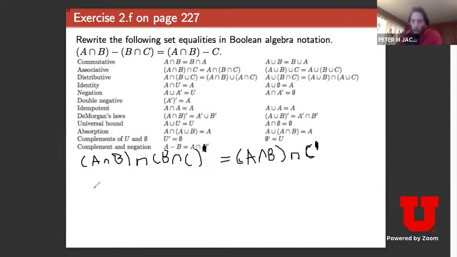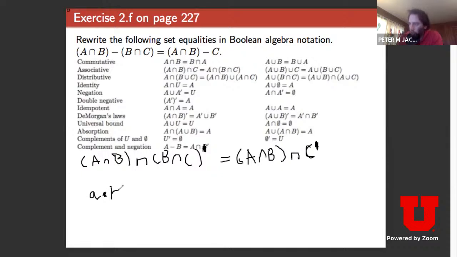So first of all, our sets become Boolean symbols. So A is going to become little a, and capital B is going to become little b. And then the intersection, if you remember, the intersection in Boolean algebra is this symbol, the dot.